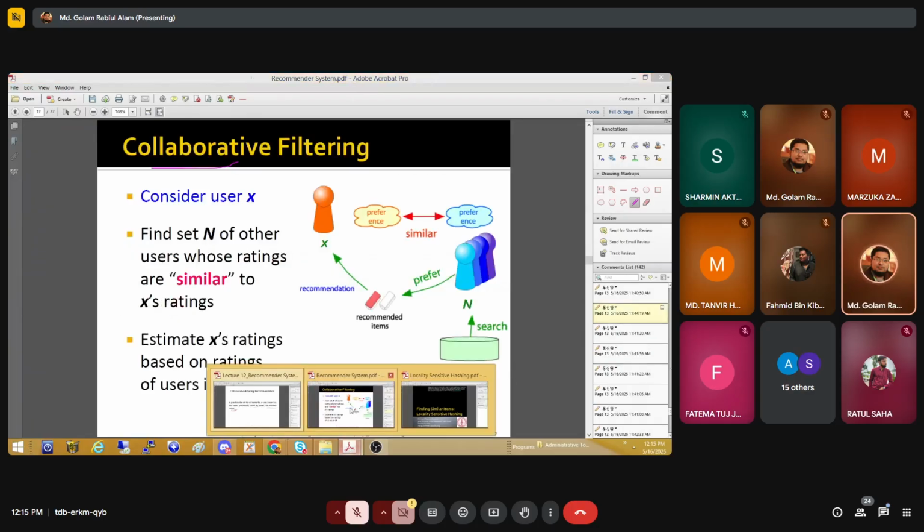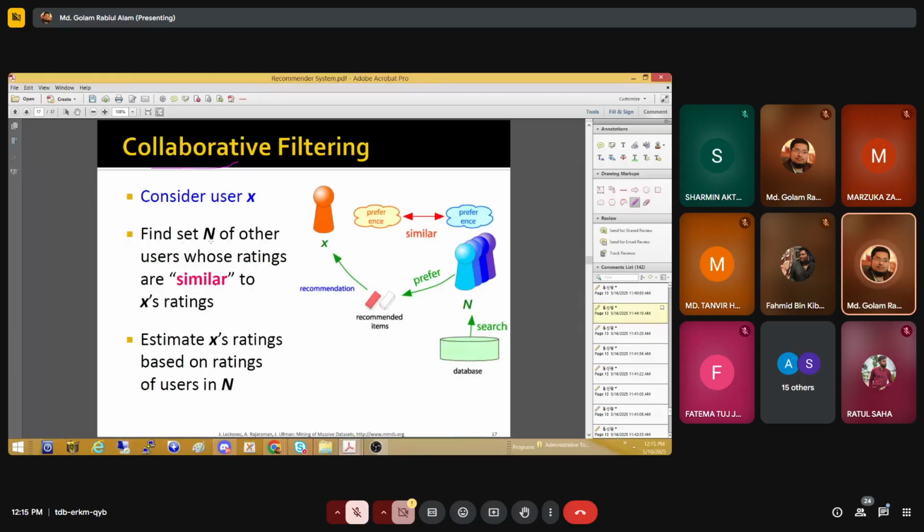That's why we find a set N of other users whose ratings are similar to x's ratings. Maybe this is user you, and you prefer something. Also, these are the other people who prefer the same thing.